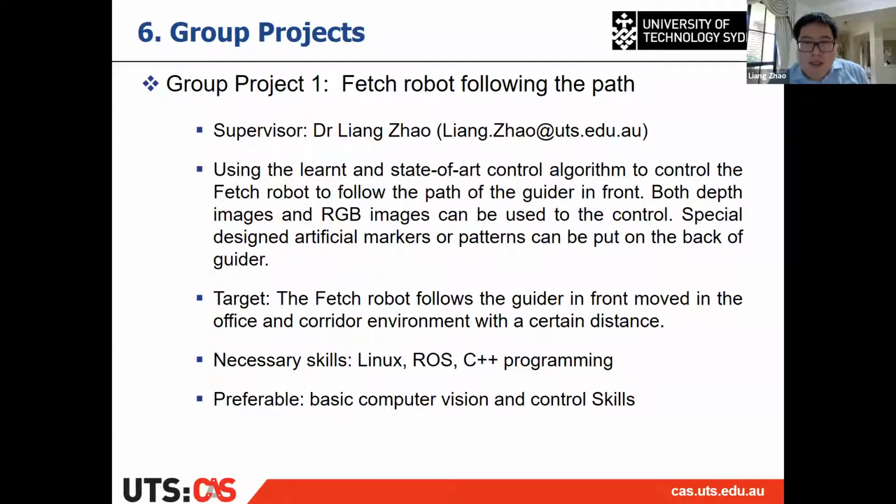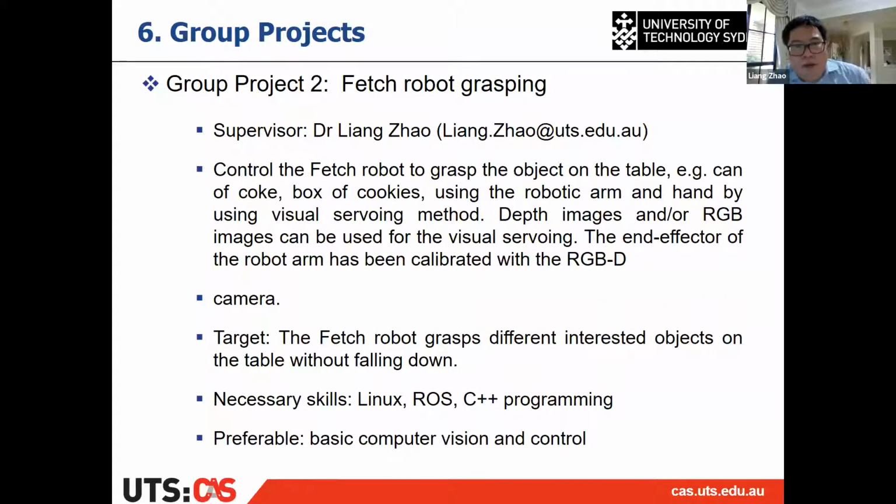All right. So the second project about fetch robot is fetch robot grasping. Which means you're doing some visual servoing, you do some controlling of the robot arm and also the end effector to pick up some objects. And again, you can use any sensor you want, but mainly it is about the RGB camera on the head.